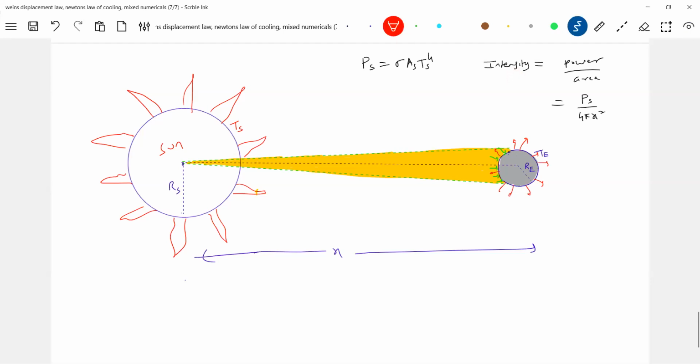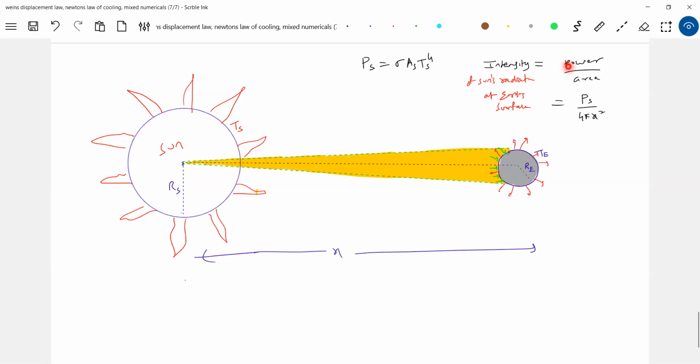So what is this? Intensity of radiation at earth's surface. Since x will be very much greater than RE, we'll assume it to be at the center only. It doesn't matter here.